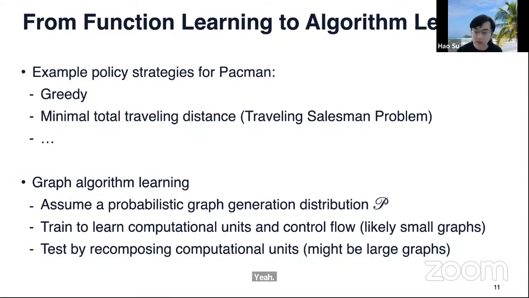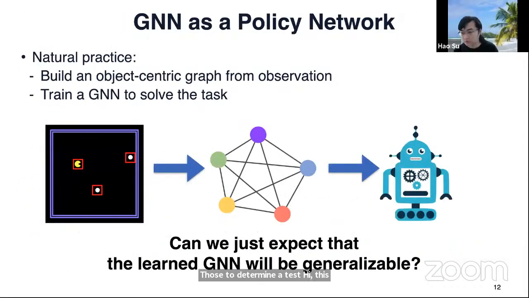Computational complexity in terms of big O. When we say this algorithm has a complexity of O(n squared) or exponential, this is a phenomenon where the complexity is dependent on the graph that you are processing. It is determined at test time. This is a behavior very different from the simple function learning we have been working on.